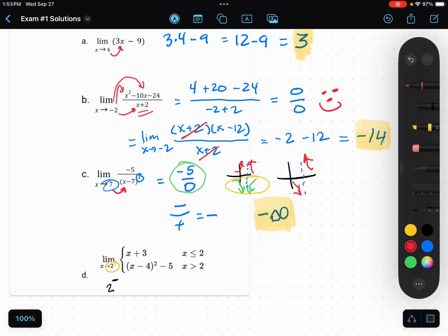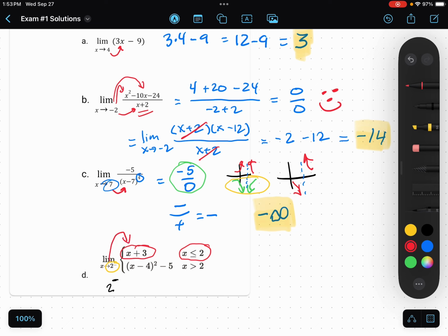And again, we're going to do substitution first. The question is, which one of these expressions am I going to substitute into when I'm coming from the left side? To figure that out, you have to look at these domains here. X is less than or equal to 2. That's the left side of 2. That means that I'm going to use the expression x plus 3 to do my substitution.